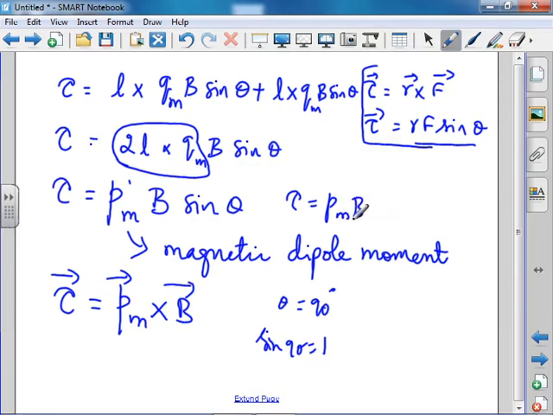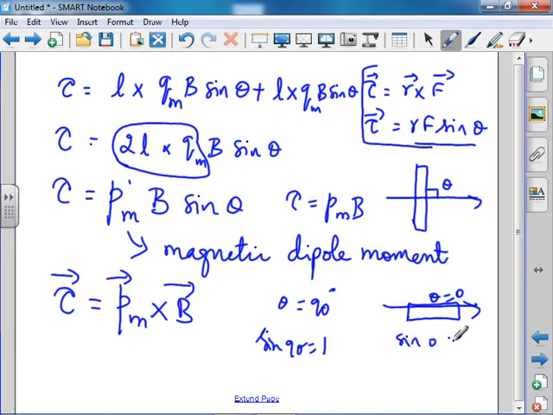So if the dipole is aligned perpendicular to the field, the torque value is maximum. If the magnet is aligned parallel to the field, theta is equal to 0, sin 0 is 0, and the torque value is also equal to 0.